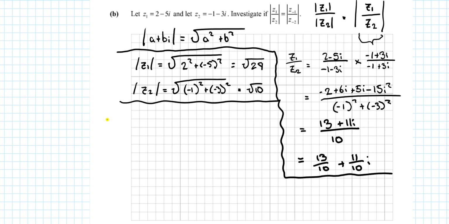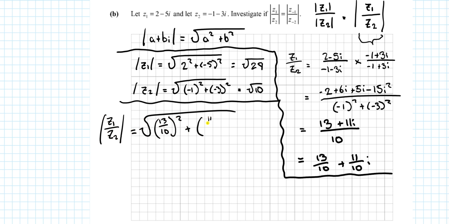But what's the modulus of Z1 divided by Z2? It's going to be the square root of a squared, which is 13 over 10 squared, plus b squared, which is 11 over 10 squared. Put that whole thing into your calculator. You get the square root of 290 over 10.